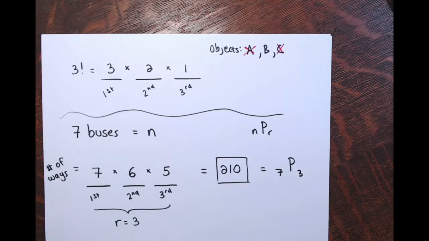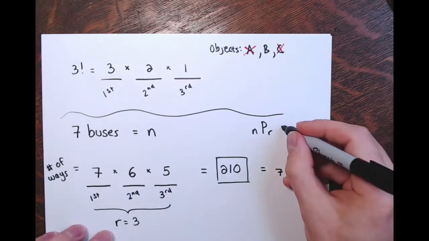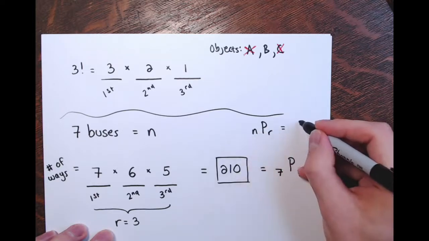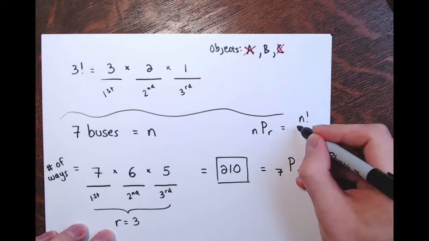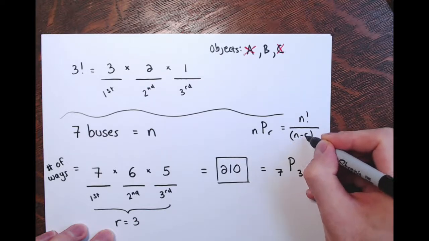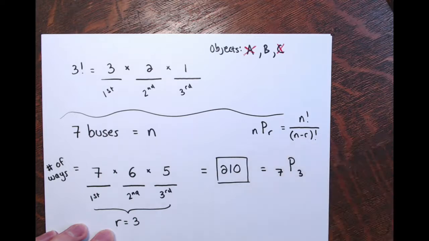Now I know what you're probably asking. Hey, that's not the formula that was given. The formula that was given was NPR, N pick R, is N factorial divided by N minus R, that quantity, factorial. You didn't use that. Why not? Well, because you don't have to. I showed you we can do it this way.